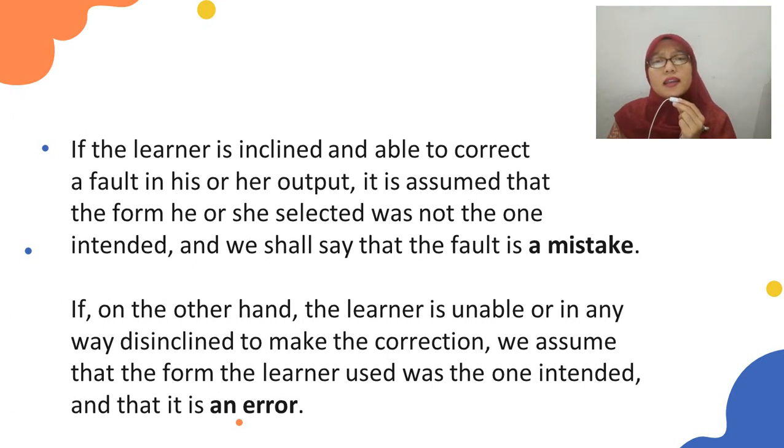If the learner is inclined and able to correct a fault in his or her output, it is assumed that the form he or she selected was not the one intended, and we shall say that the fault is a mistake. If, on the other hand, the learner is unable or in any way disinclined to make the correction, we assume that the form the learner used was the one intended, and that it is an error.